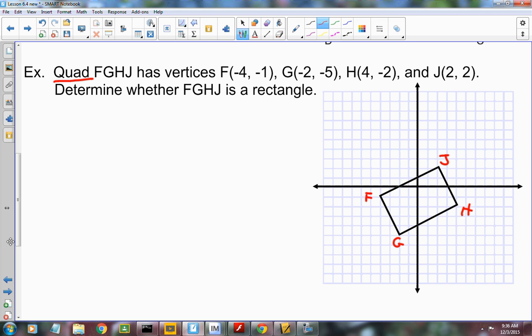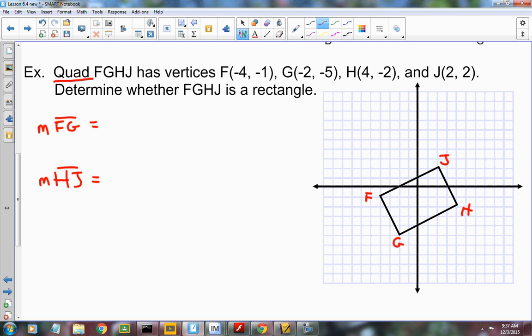So let's start out by looking at the slope of FG and HJ. Look at FG first.